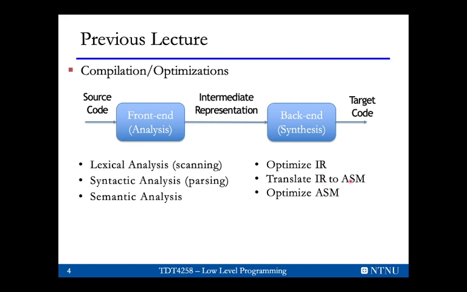An important step here is to do register allocation, because keeping values in registers is one of the important things to enable that your program can run efficiently. And then you can also do machine-specific optimizations, which are related to the architecture your code should be executed on, so you can optimize the generated assembly code also.